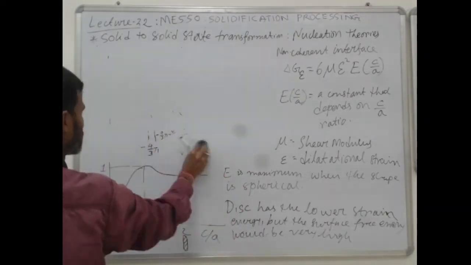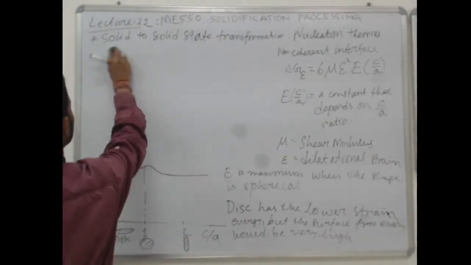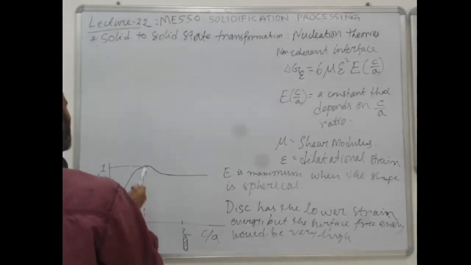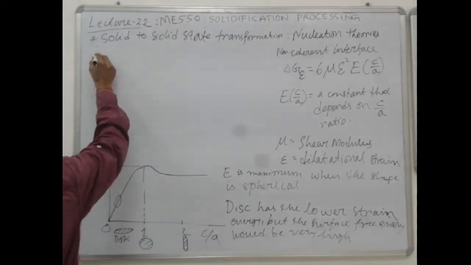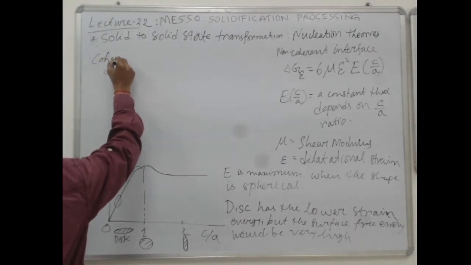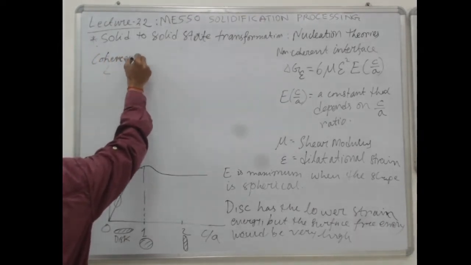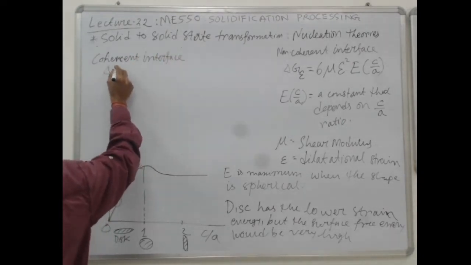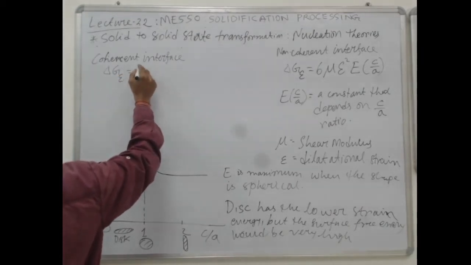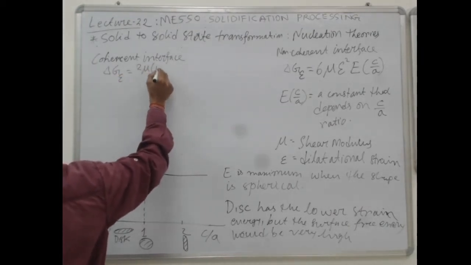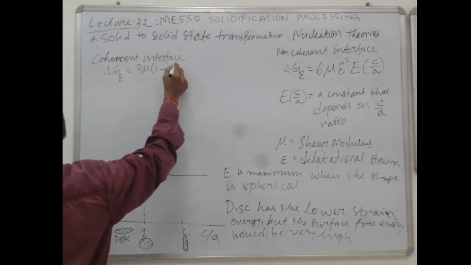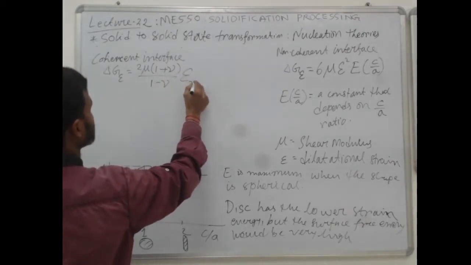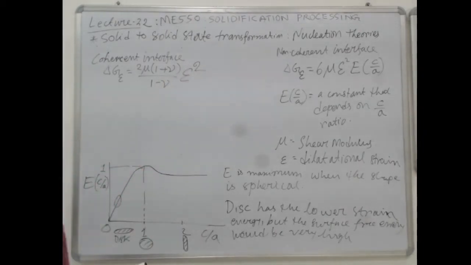Now if you consider a coherent interface, for coherent interface, the delta G term is given as 2 mu (1 plus nu) by (1 minus nu) times epsilon square.